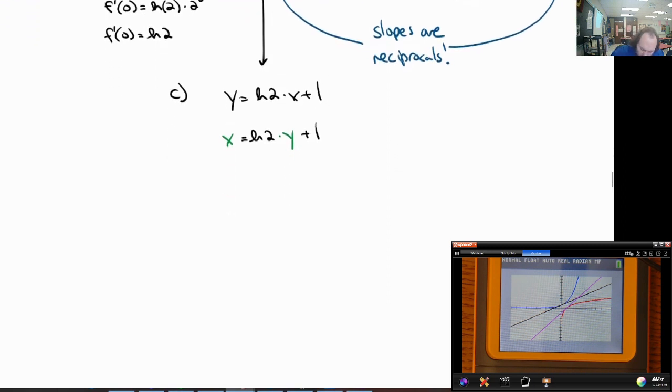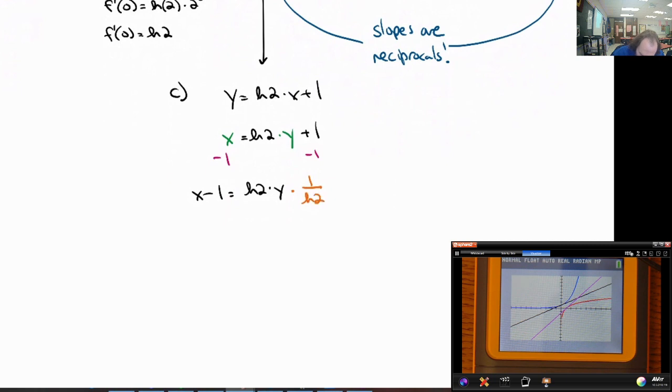If I solve this for y, the first thing I do is subtract 1 from both sides. So x minus 1 is natural log of 2 times y. Then I multiply both sides by 1 over natural log of 2. Yeah, this works. So y is equal to 1 over the natural log of 2 times x minus 1. They are inverses of each other. That is the answer to that question.